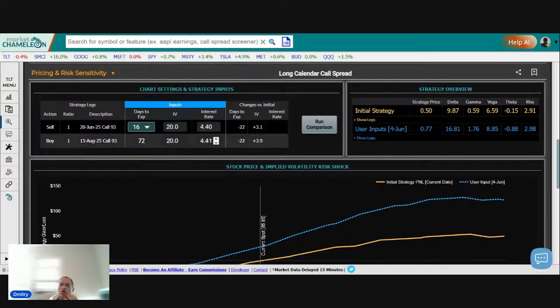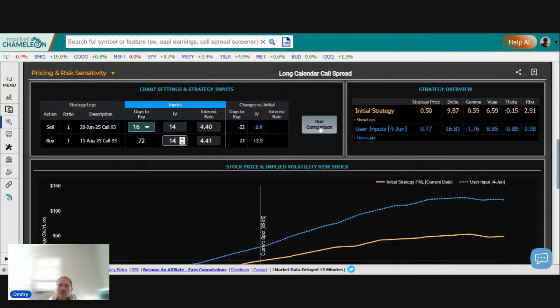What if we're wrong? What if 16, even though maybe it's on the low end, could still fall lower? What if it goes to 14? Maybe we're wrong and it goes down even more. So let's see what that looks like. What if they both go to 14?